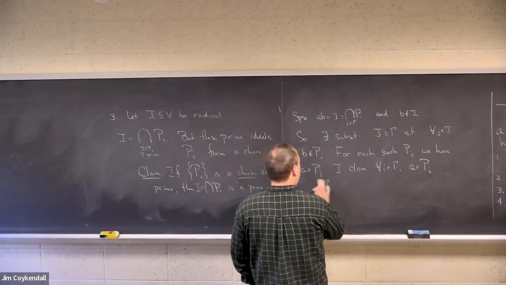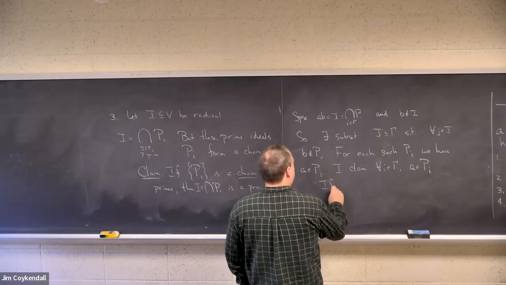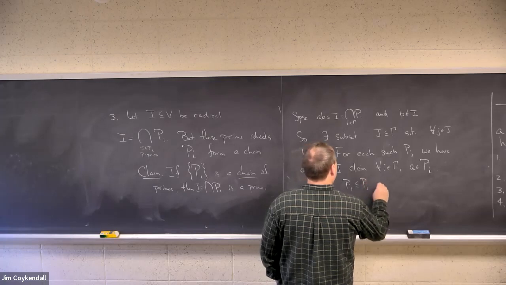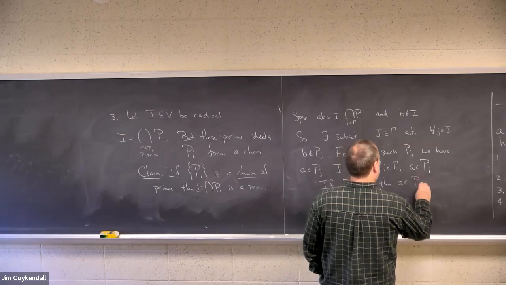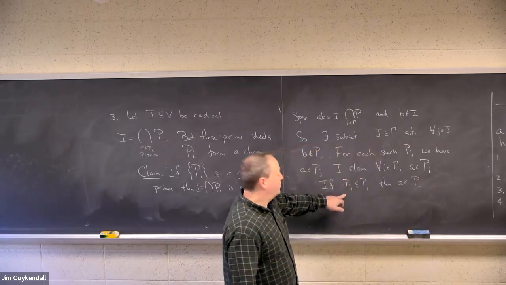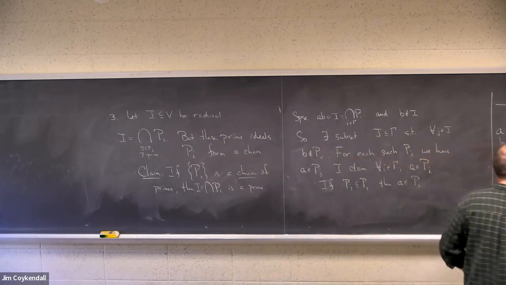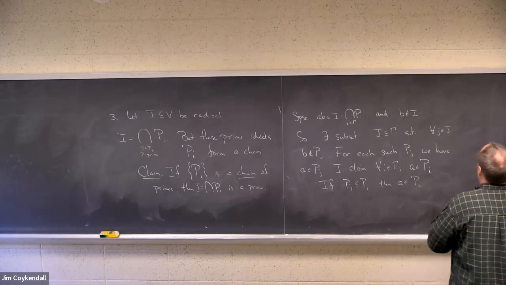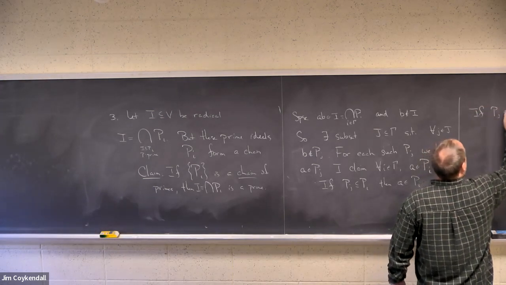So let me work this out. So if A is contained in P_I, right, because A is in P_K. And on the other hand, P_J is not contained in P_I.